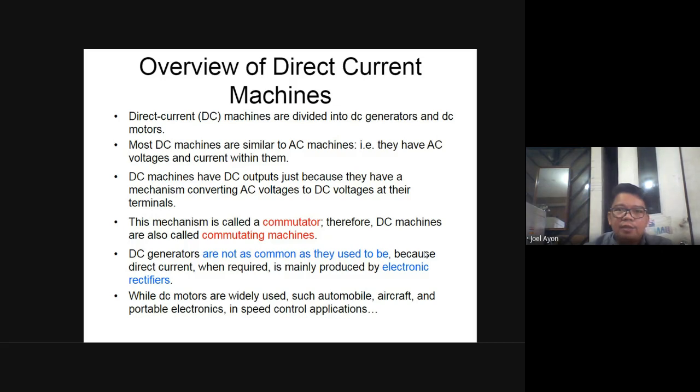But the generators, class, regardless of AC or DC generator, are not supplied, because a generator converts mechanical energy to electrical energy. So it needs a prime mover to drive the generator so that it can generate electricity. Unlike the AC machine, the DC machine, DC motors rather, needs a supply in order to operate.